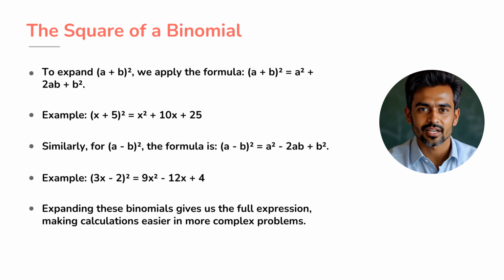Let's see this with another example. 3x minus 2 whole squared equals 9x squared minus 12x plus 4. So, expanding these binomials gives us the full expression, making calculations smoother, especially when dealing with more complex algebraic problems. And that's how the square of a binomial makes algebra predictable and powerful.